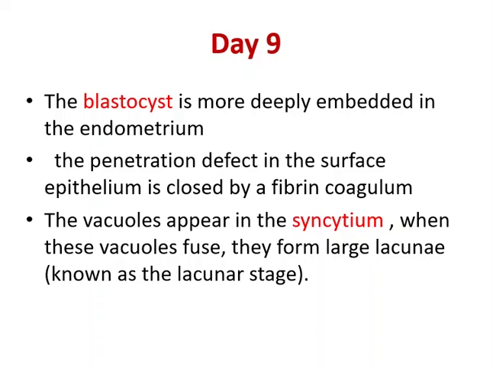It starts with small vacuoles or spaces within the syncytial trophoblast. These vacuoles fuse together to form large lacunae, and this is called the lacunar stage, an early event in the formation of the placenta.